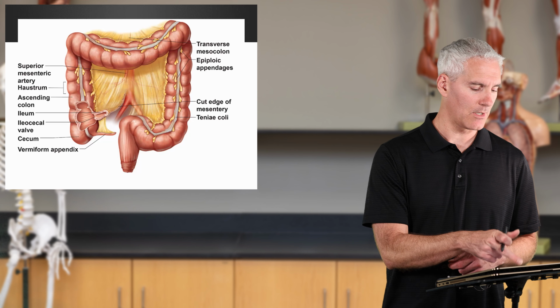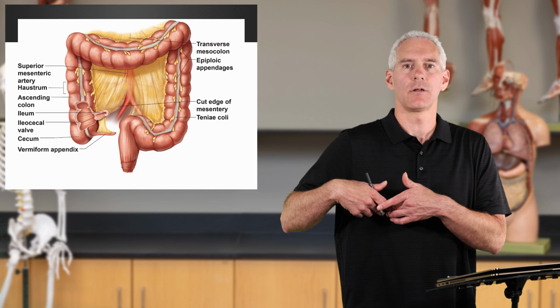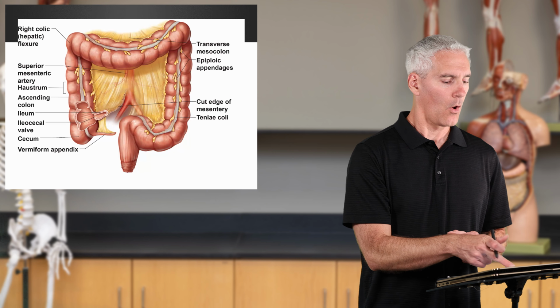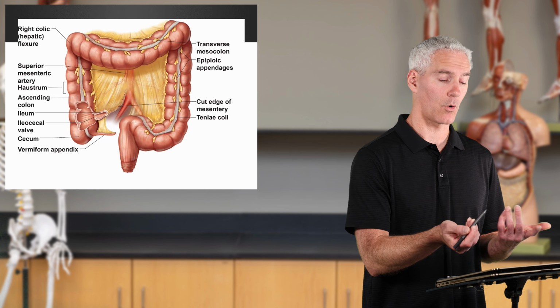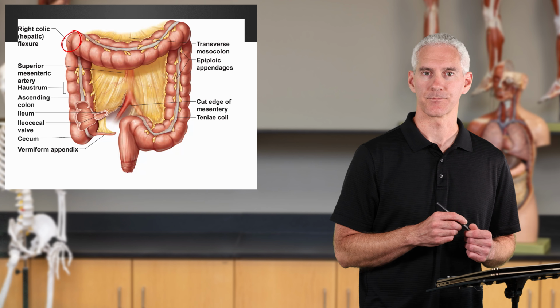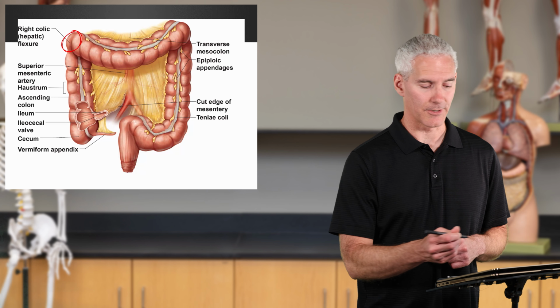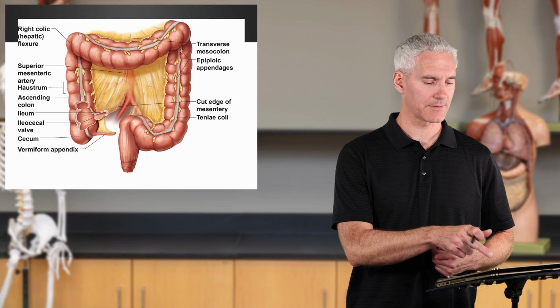From that cecum, we go up the ascending colon. So it's heading up towards the diaphragm. We then hit a curvature called the right colic flexure, also known as the hepatic flexure. That's just this turn right here. Hepatic because liver, hepatic. From there, we're going across.